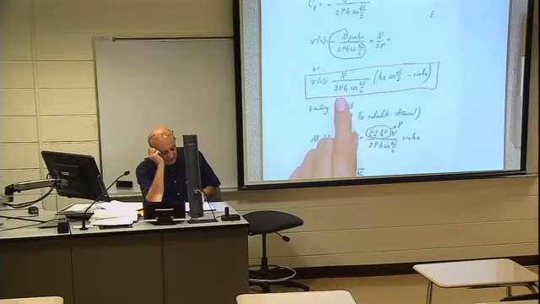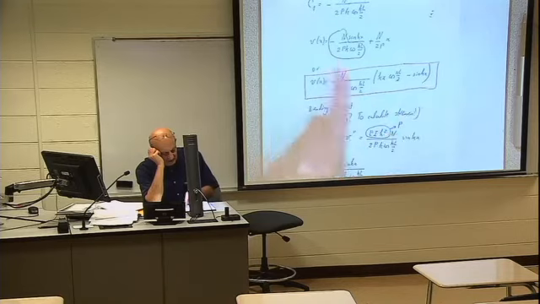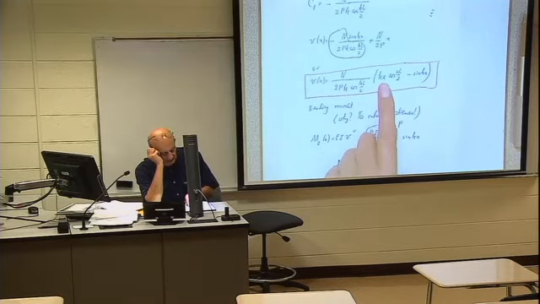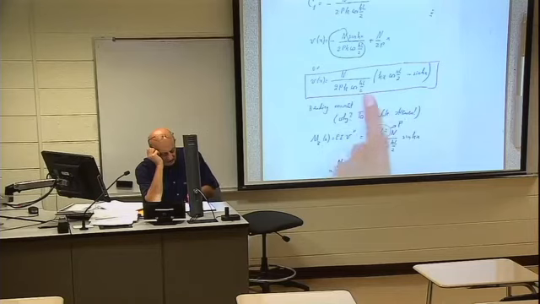Here will be minus sine kx, and here will be kx cosine kL over 2, because cosine kL and cosine kL can cancel each other.